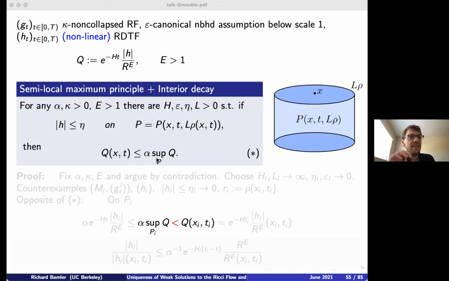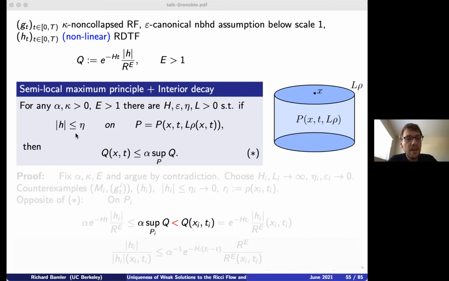So it gives us some kind of statement like a maximum principle, but it's not a local statement like in a maximum principle or a pointwise statement. We really have to consider the entire parabolic neighborhood, and we need to make sure that h is defined on this parabolic neighborhood, and that it's also sufficiently small so that we can make this approximation.